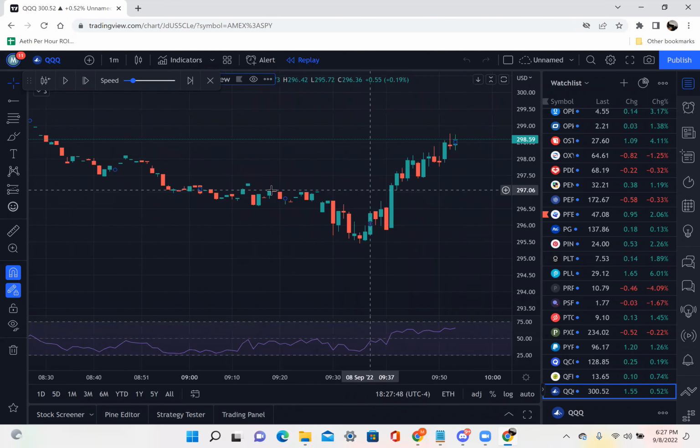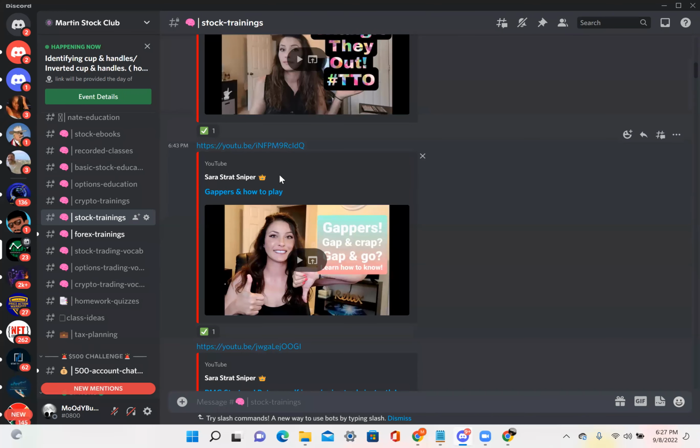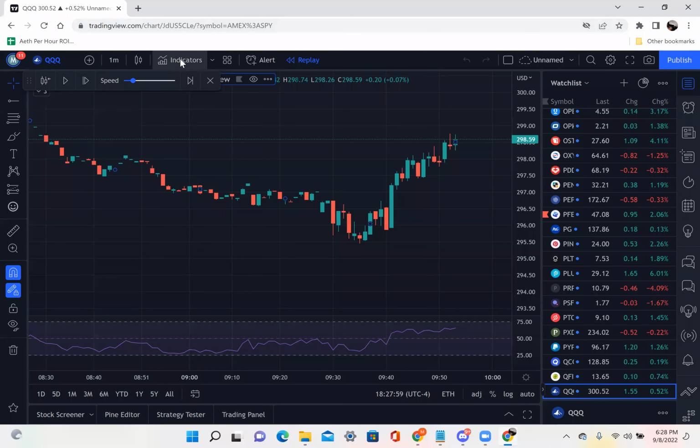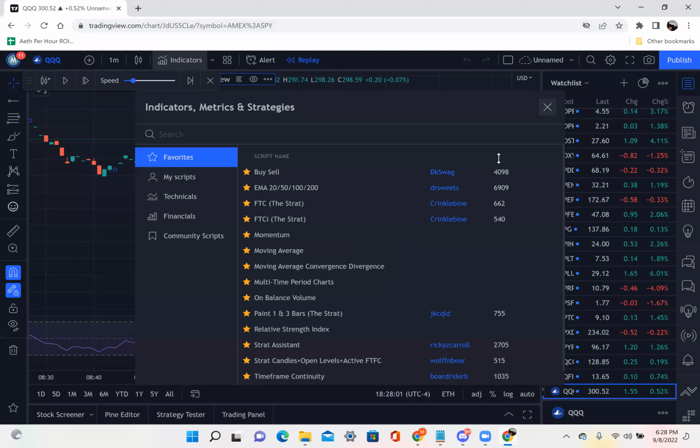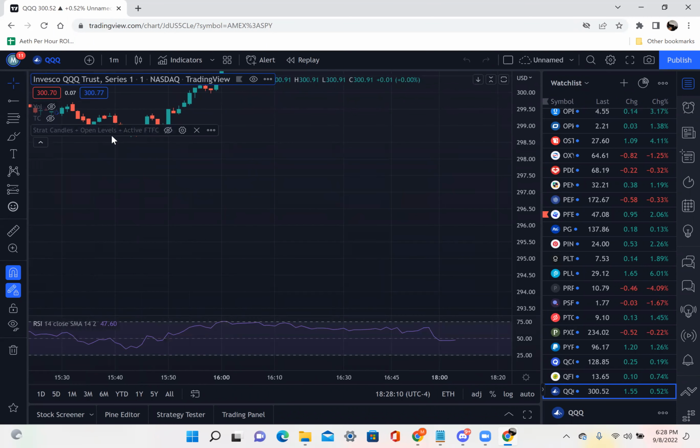I just did that so you can understand anything that you see about the strat that I teach, Sarah teaches, or Rob teaches. You just got to take the word indicator out your head. It's just the fact that I have to go to these indicators to put that on my chart. But if I put it on my chart, watch this. I just literally spoke everything.